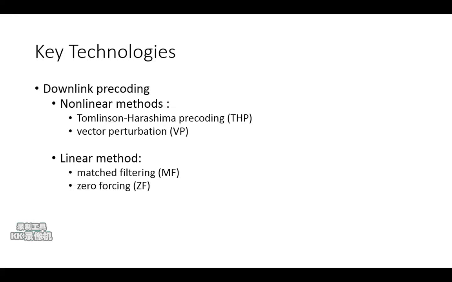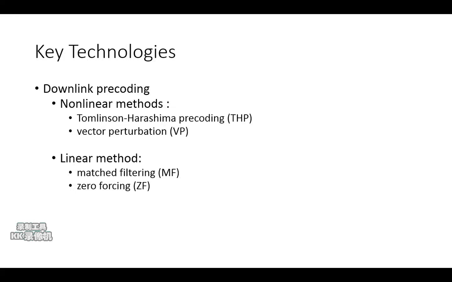For downlink precoding, we have a lot of different methods, such as the nonlinear methods. We have THP and VP. They are important technologies which can well approximate the capacity limit in a multi-antenna broadcast channel. And for the linear methods, we have MF and ZF.